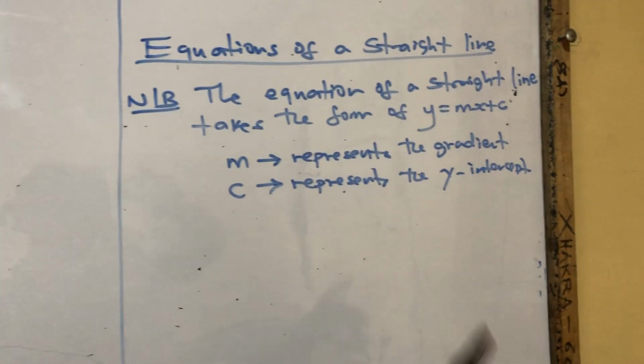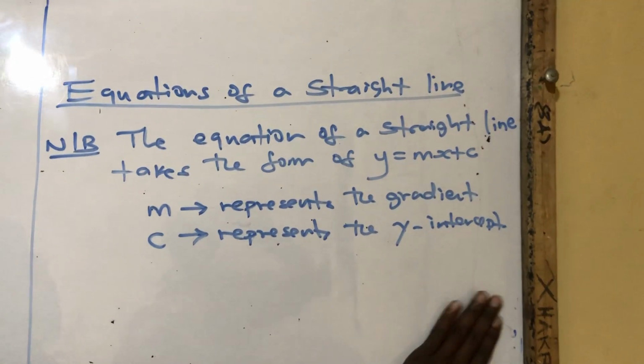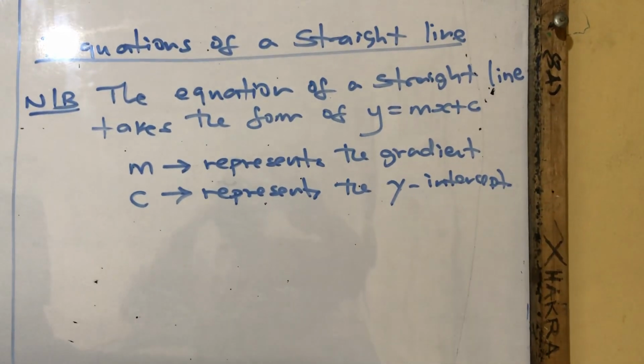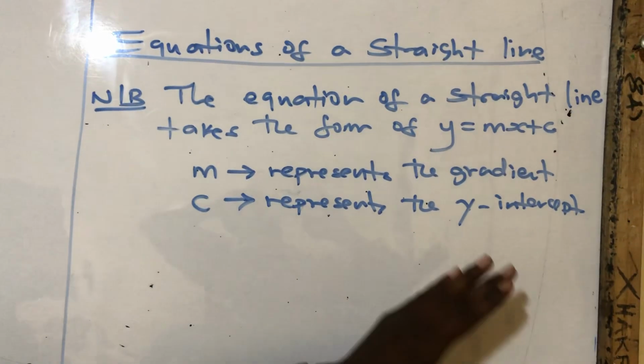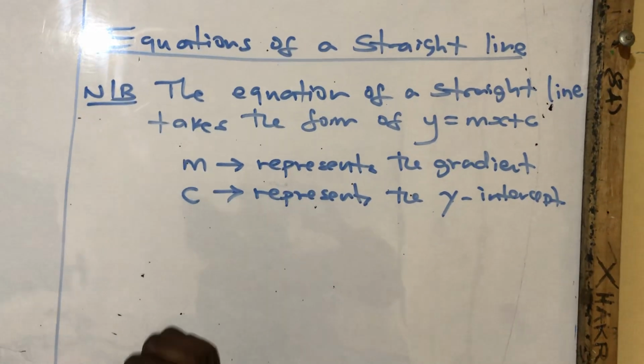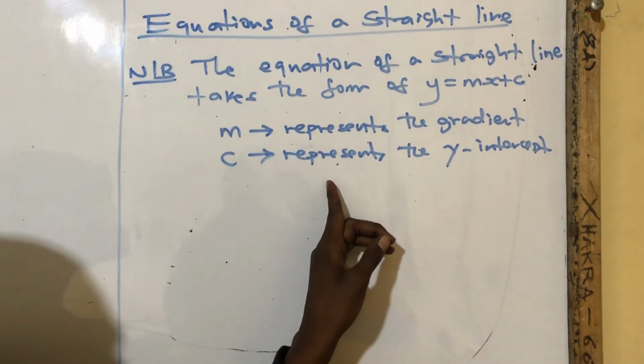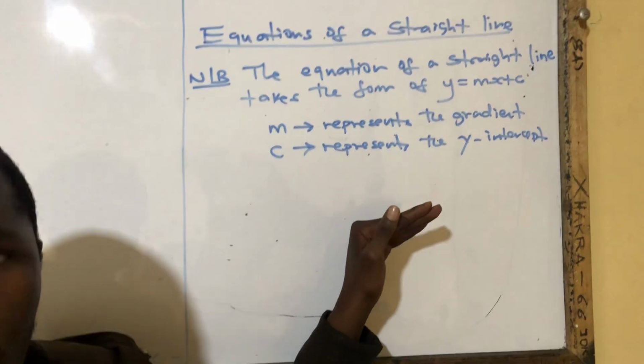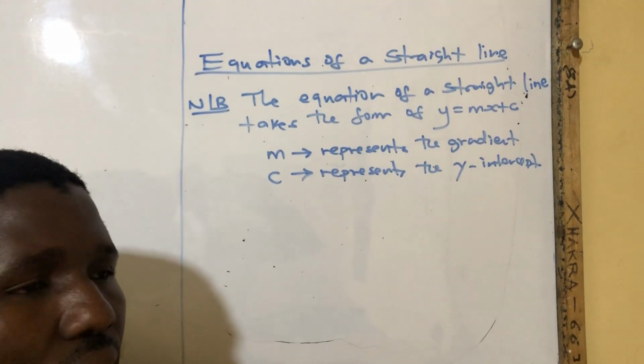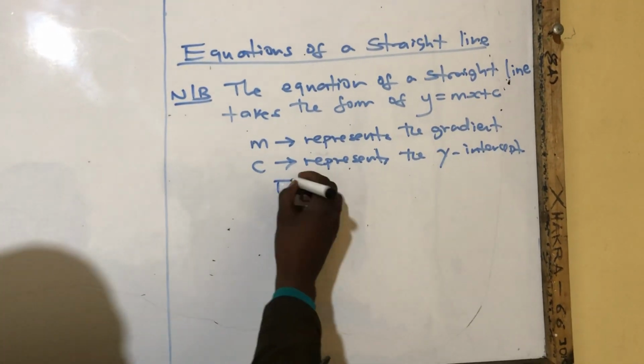I'm going to avoid talking about the y-intercept in details because we want to handle it at some point as a whole subtopic. Let me just concentrate on the part of gradients. For now, I'm just going to give you a shallow information on what y-intercept is through some examples we want to discuss. Let's look at the first example.